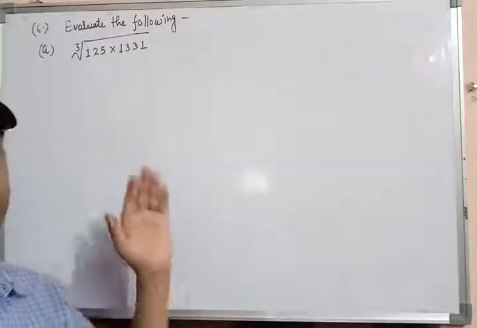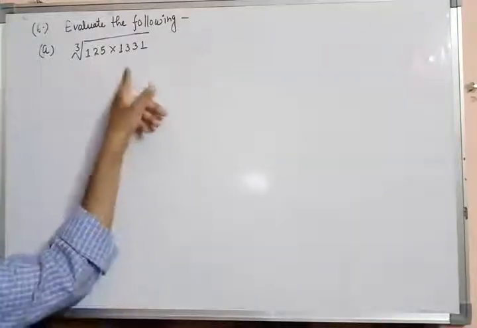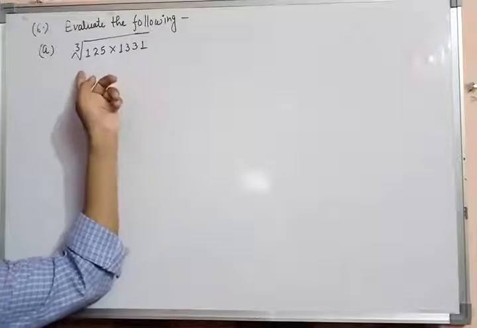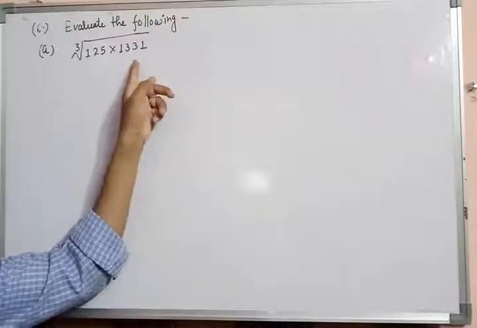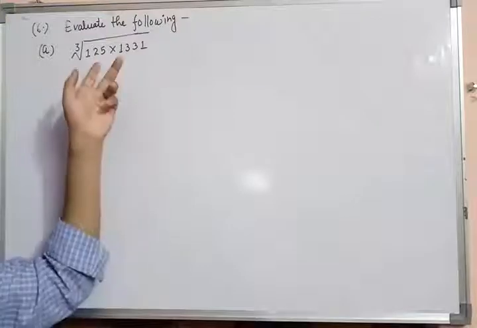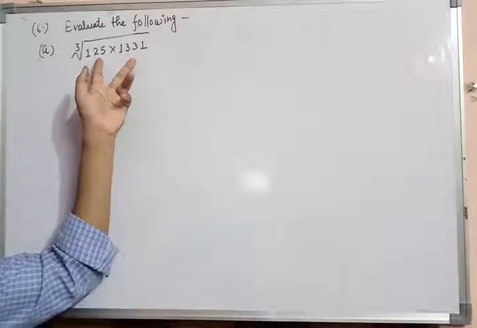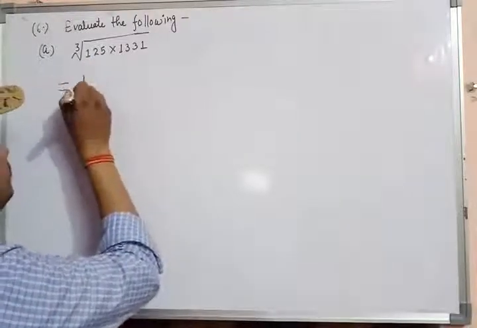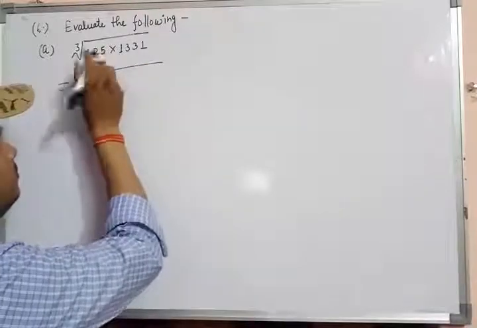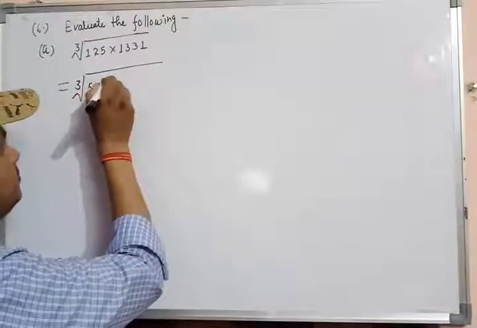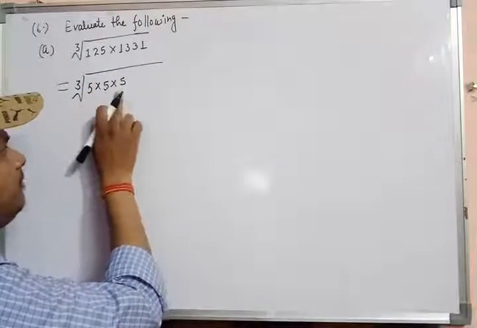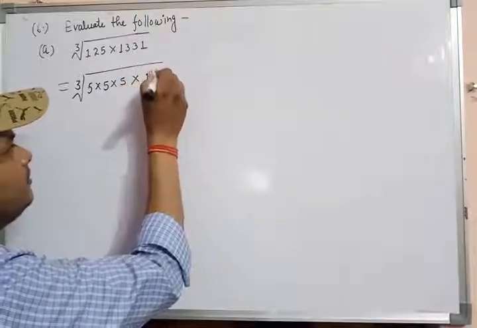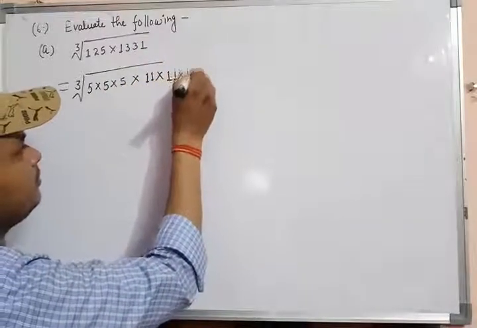Now student, in this question we have to evaluate. First of all, this is the product of two perfect cube numbers. First one is 125, second one is 1331. So find the factors of both the perfect cube numbers like this. 125 can be factorized this way: 5 into 5 into 5, 3 times, and this can be factorized by 11 into 11 into 11, 3 times.